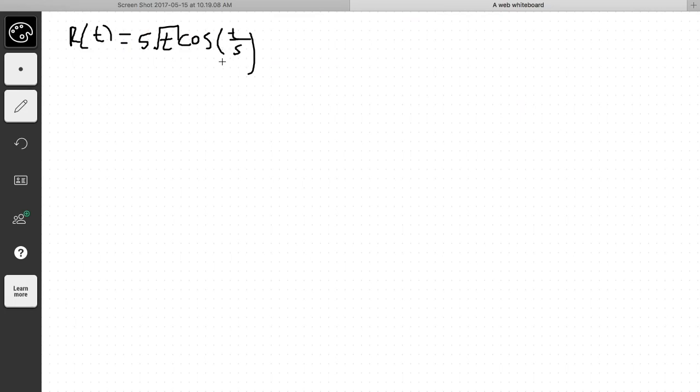So here I wrote out r of t already. So for part A, all we're going to do is go ahead and plug in 6 for t. My suggestion for this would be to go into your calculator and press y equals, and then type in 5 square root of x times the cosine of x divided by 5, just to make it a little bit easier.